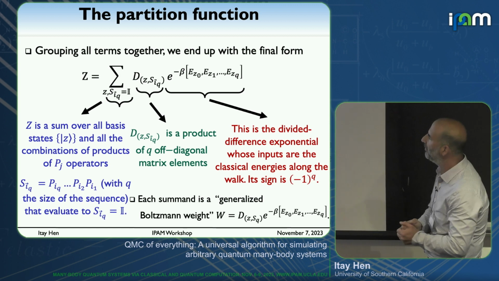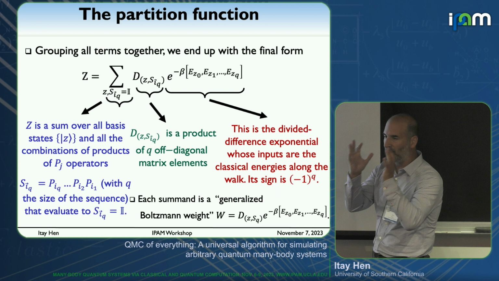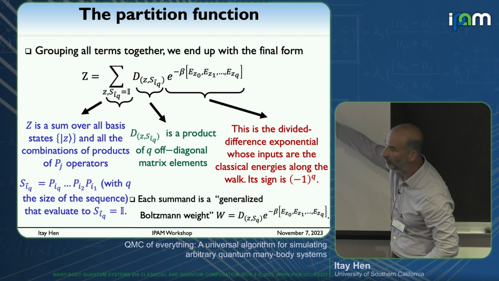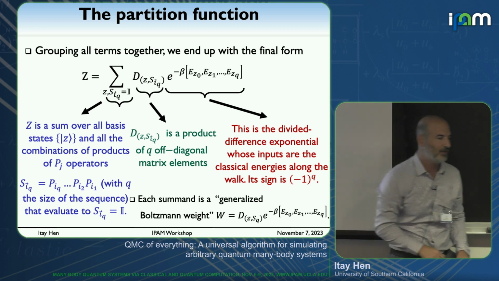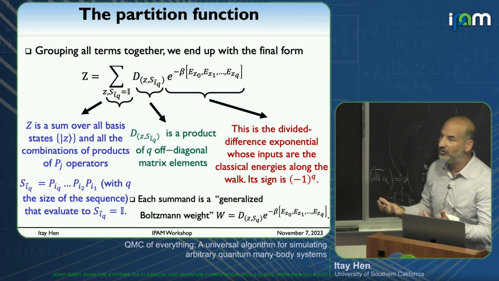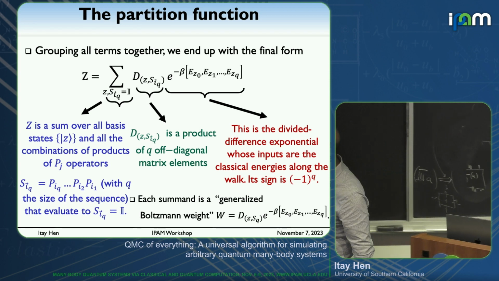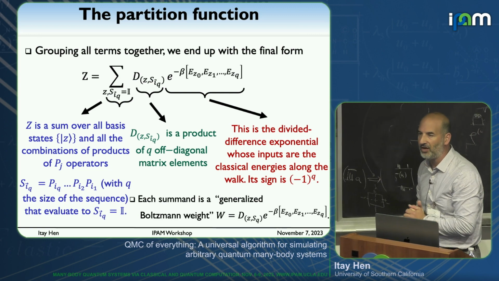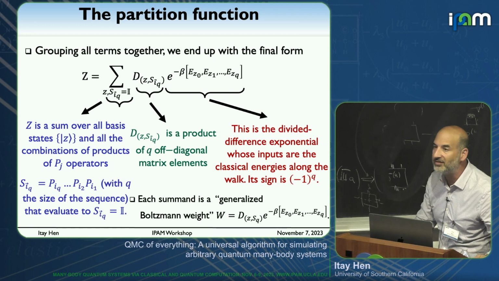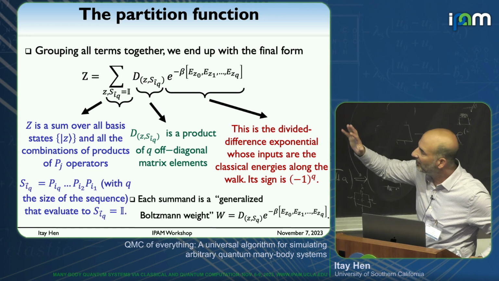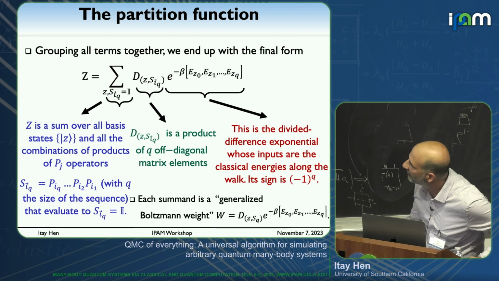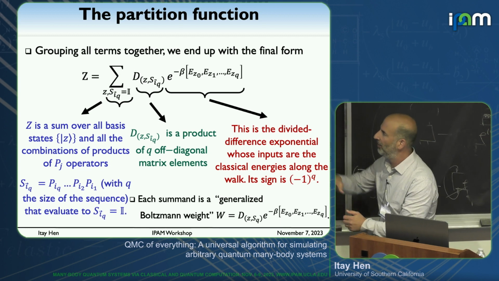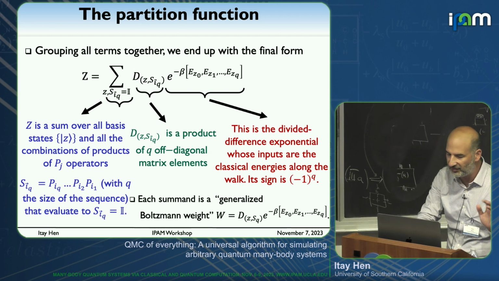You shove a minus into each one of them, and so you have a product of negative off-diagonal matrix elements, and you can show that each of these terms is positive. However, in the general case, you don't know that. Because the product of diagonal elements can be positive or negative, you can have weights that are negative, and this is exactly what the sign problem is. But at least, again, I'm not claiming to solve the sign problem, obviously. I just want to show you that there is a way to write the partition function as a sum of divided differences, which are easily computable.